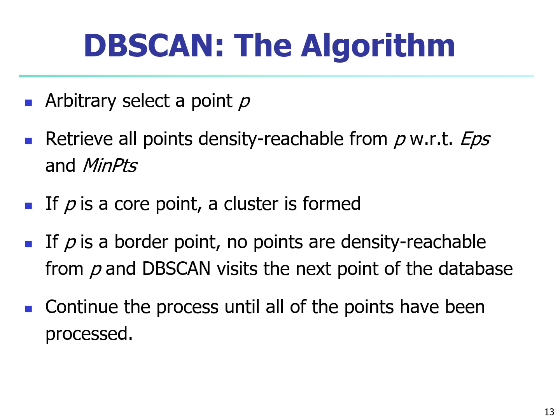If P is a border point, in this case, no points are density reachable from P, and DBSCAN visits the next point in the data set. So in this case, P is considered a border point, and a cluster is not formed. We continue the process until all of the points have been processed.